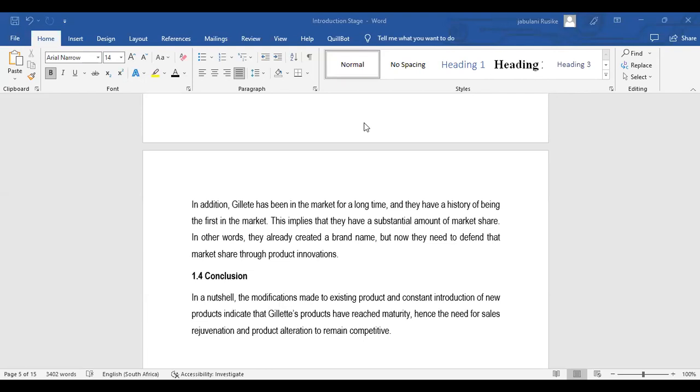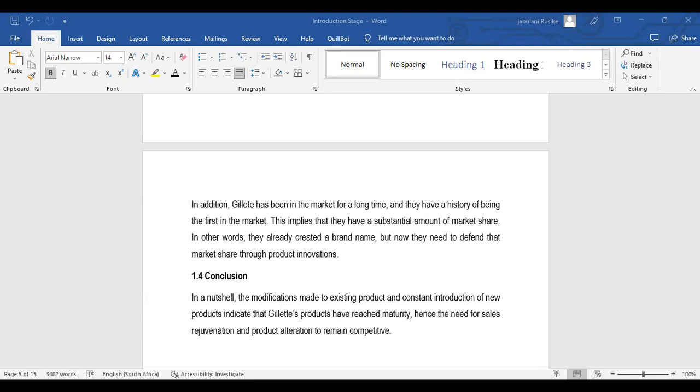Is there anyone who wants to add something, to ask something, to comment, so that we move forward? So Jabu, yes. Like here on this question, because it says discuss at which stage in the product life cycle Gillette is in.